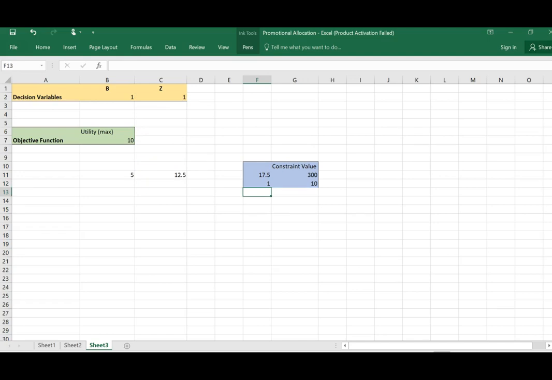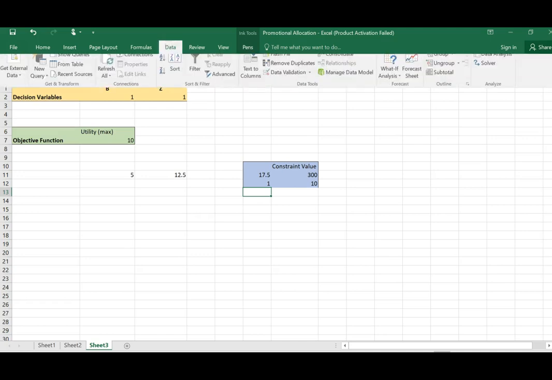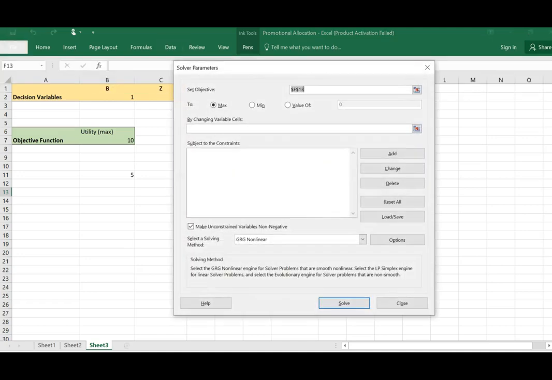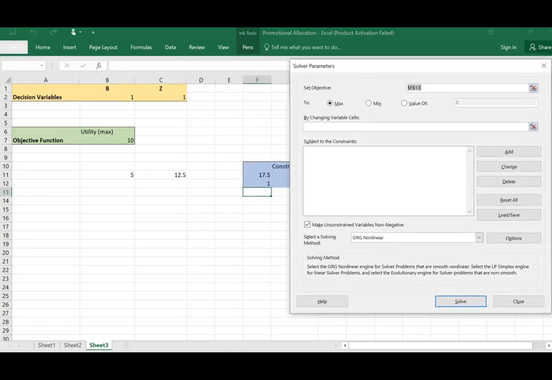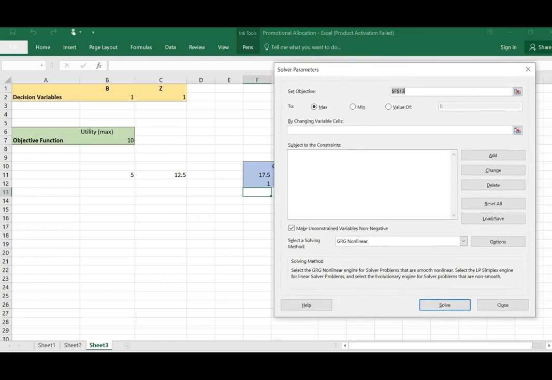So again, those are my constraints. I've got my constraints, I've got my objective function, maximizing utility, and I've got my decision variables of Z and B. And so if we real quick just pull up Solver, do you feel comfortable using this dialog box? The objective was, oops, wrong cell, B7. That's where I'm maximizing utility.